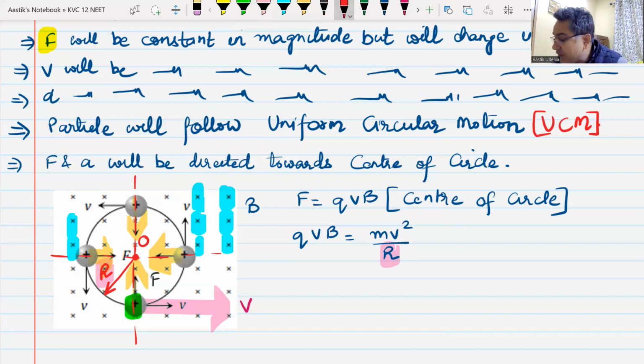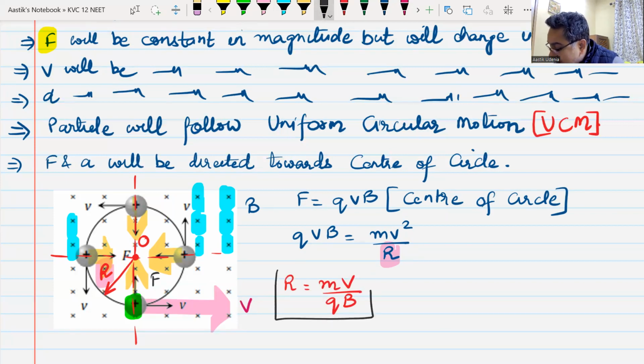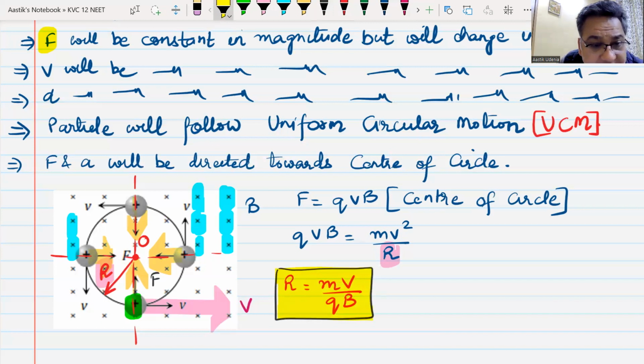So from here you can find out the radius of this circle. The radius of the circle that this charge makes will be equal to mv by qb, a very important formula that you must remember at all costs.